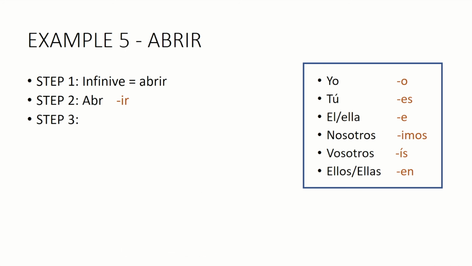And last but not least, example number 5, which is abrir, which is to open in English. So step number 1, infinitive. Step number 2, drop the ending. Step number 3, add the endings from the right hand side of the screen. And for the last time, I'll give you a minute and I'll be back with you very soon.